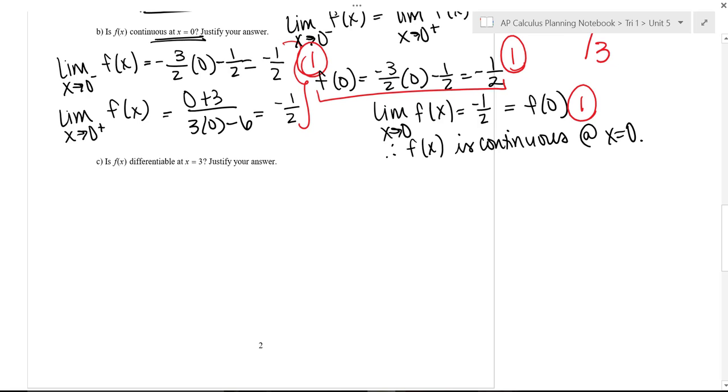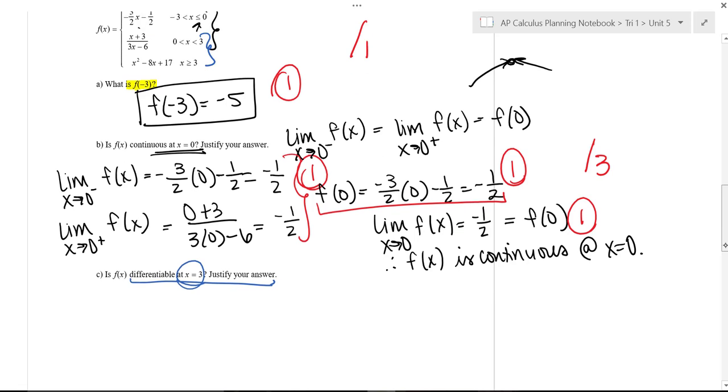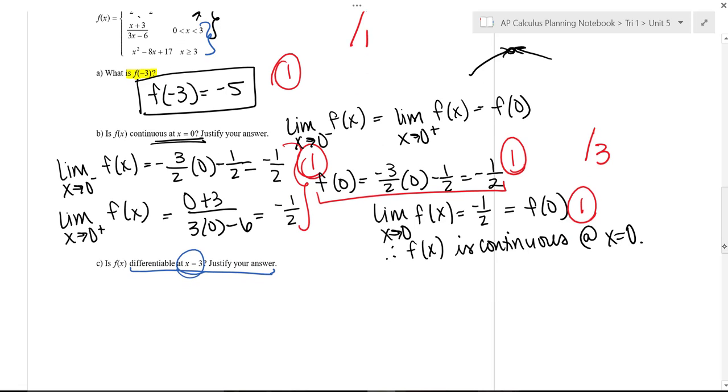Is f of x differentiable at x equals 3? So we are now looking at a different two pieces because we're asking about differentiability and we want x equals 3, so we're going to be utilizing these two pieces. So remember, for differentiability, we first have to prove continuity. After continuity, then we'll move on to the differentiability statement.